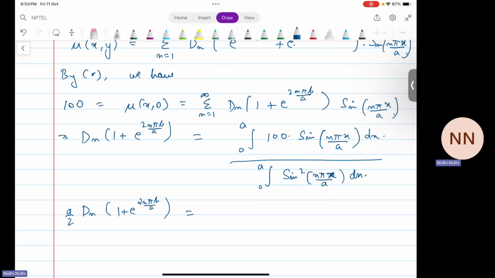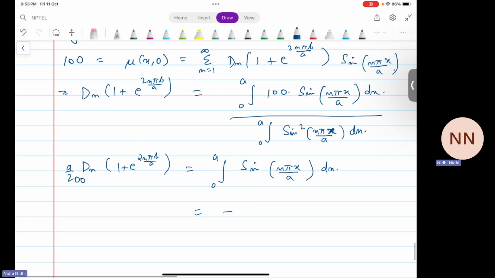let's take this 100 as well on the other side, integral 0 to a of sin n pi x by a dx, which is minus a by n pi cos n pi x by a from 0 to a.